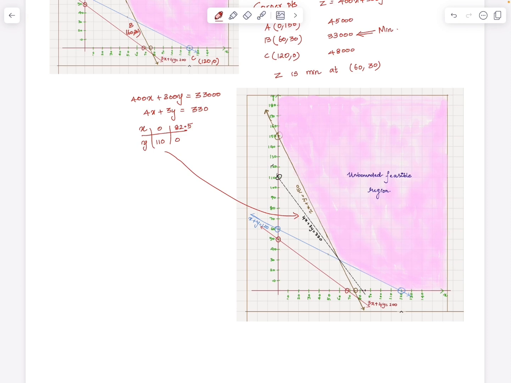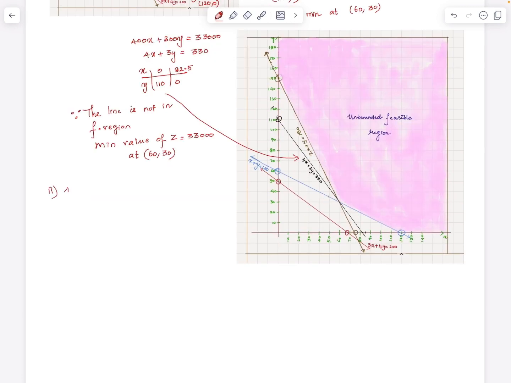So we have to check whether this line is coming inside the feasible region. Since that line is not in the feasible region, the minimum value of Z is that same 33,000 only at 60, 30.